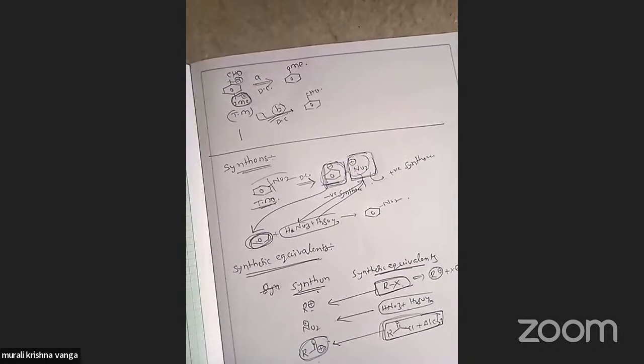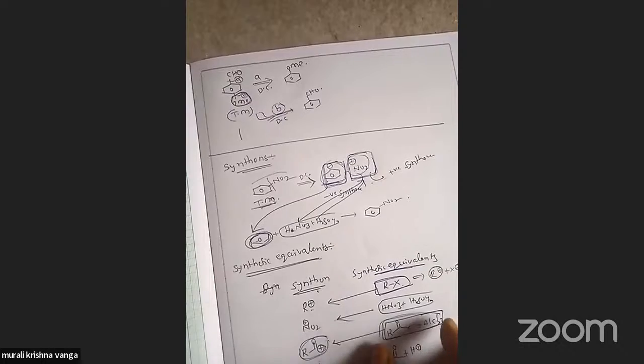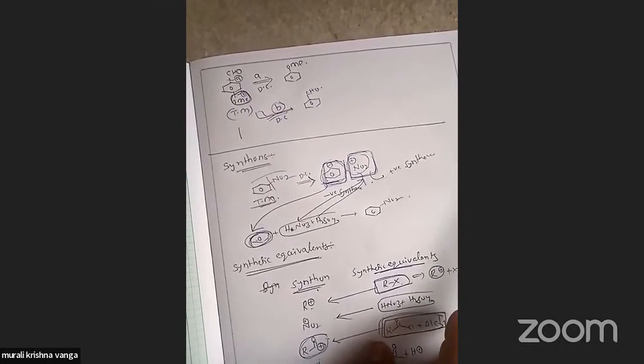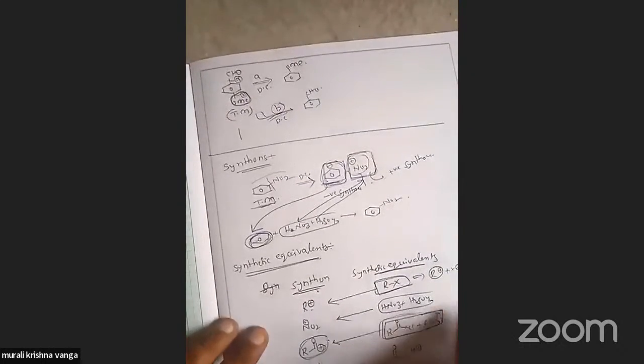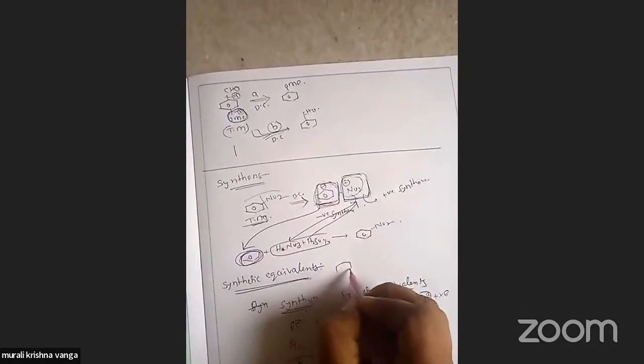And let us take another: an alcohol carbon with positive charge, the hydroxyl-bearing carbocation. The synthetic equivalent for this is an aldehyde. When an aldehyde reacts in acid medium, it gives the OH-attached carbon with positive charge. Another example is the benzene negative charge.